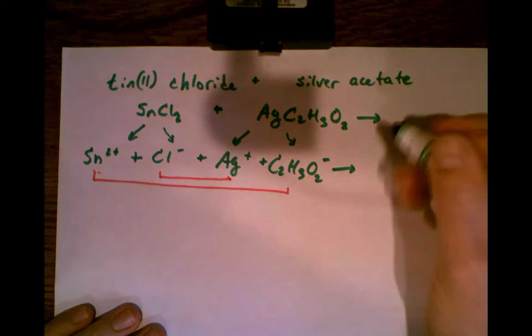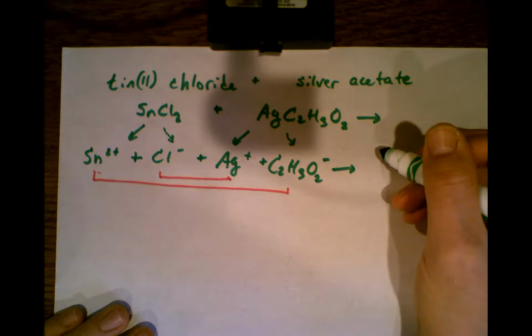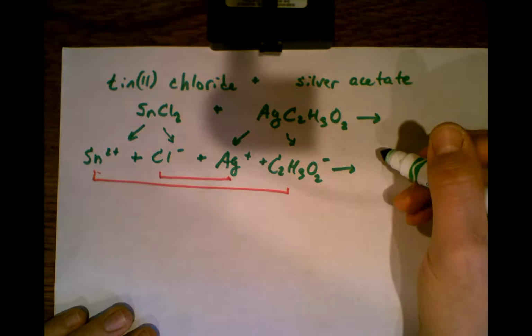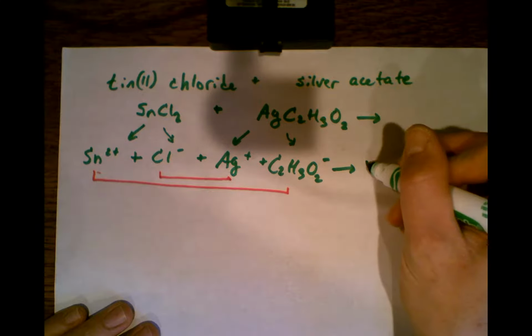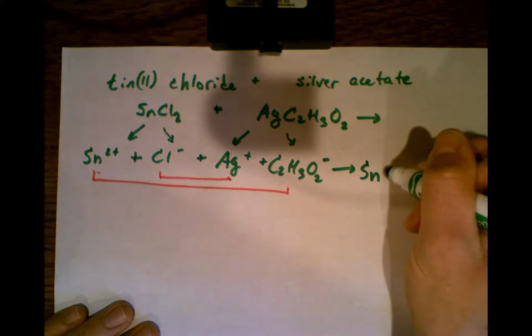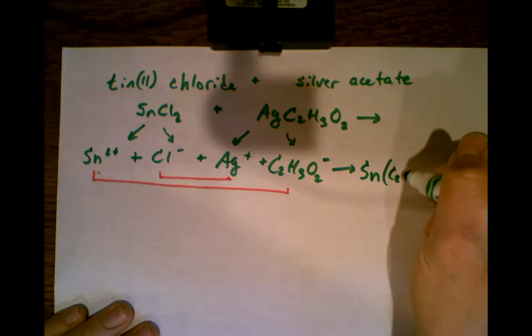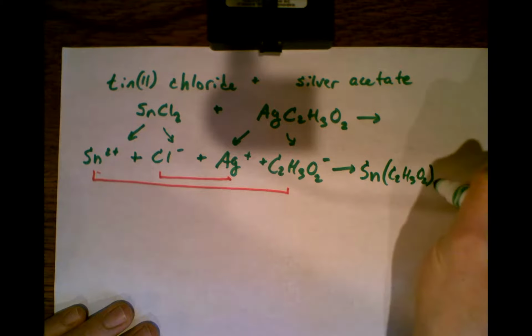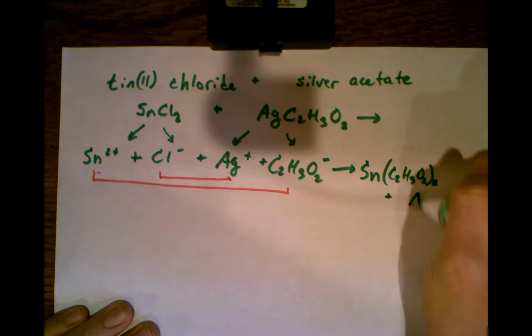Okay, so one of those is not going to be soluble. One of them has to be able to precipitate out. So is it going to be tin 2 acetate or is it going to be silver chloride?